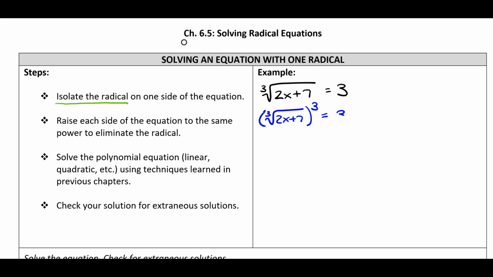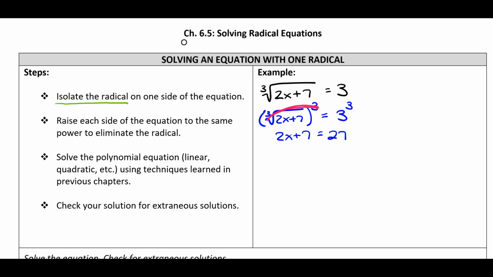However, this is an equation, so what we do to one side we must do to the other. The cubed root cubed undoes this radical, and we're left with 2x plus 7. On the right side we have 3 cubed, which is 27. Once we've eliminated the radical, we've ended up with a polynomial equation.